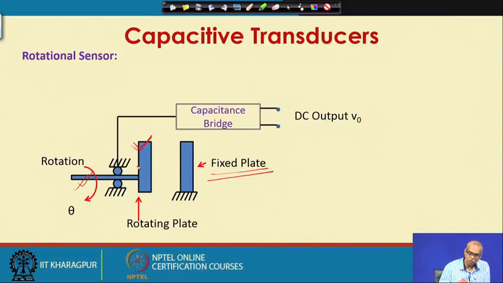As this plate rotates, the common area changes and the capacitance also changes. So, by using a suitable bridge, I can relate the output voltage with the rotation.